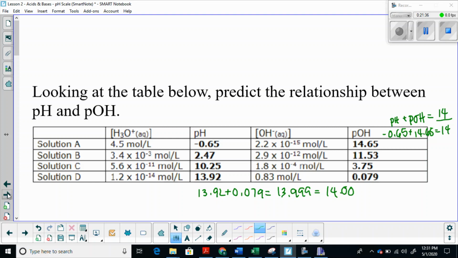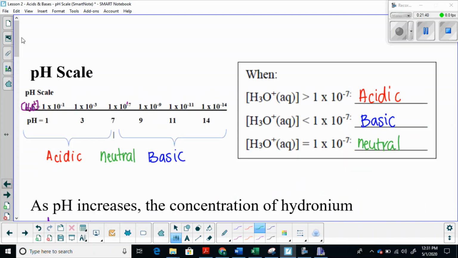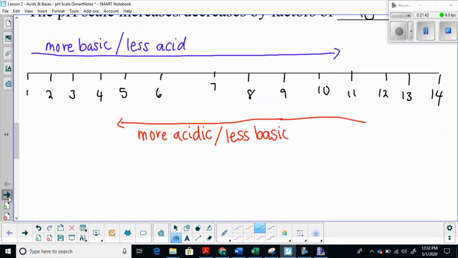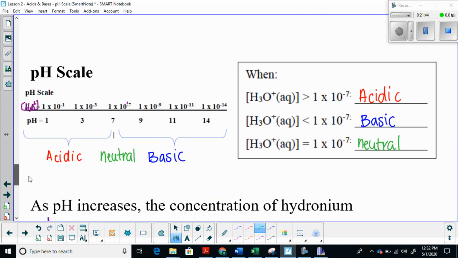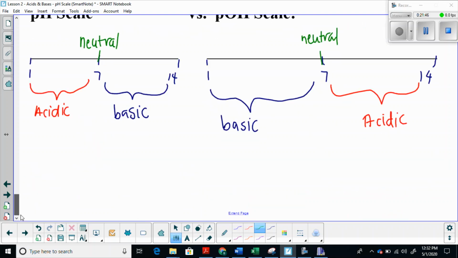Let's go back to this diagram here just for a minute. Oh, wrong one. Scroll down. So let's say we have something here laying in the acidic region. Let's say we have something with a pH of 3.